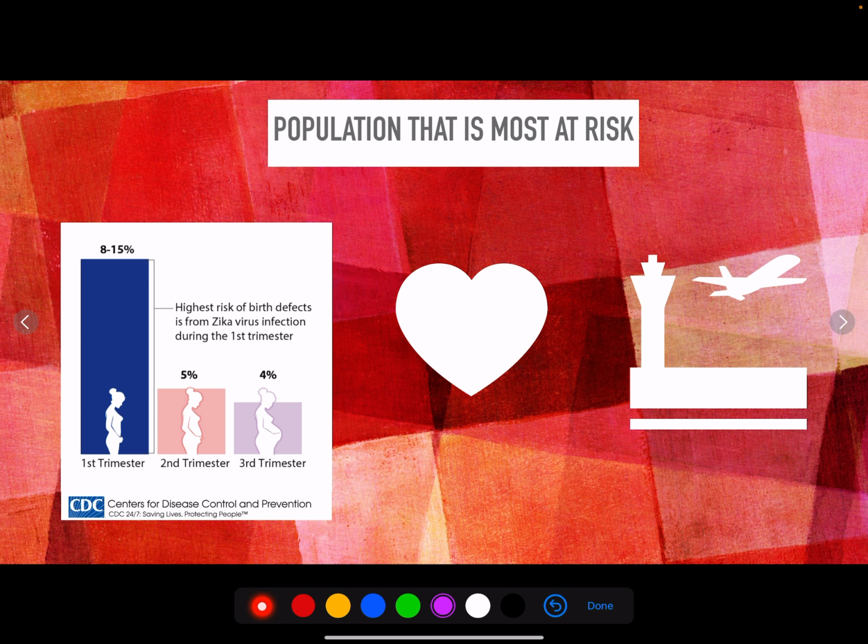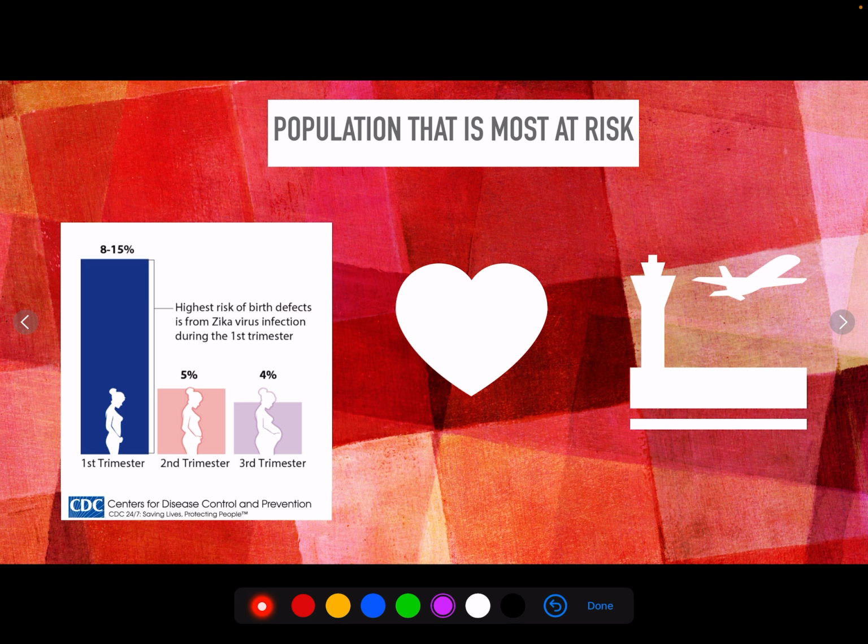So as you can see, women in the first trimester that have been exposed to Zika virus have higher risks of having birth defects. It decreases by the second and third trimester. Again, people that have unprotected sex are also at risk, as well as people traveling to areas that have Zika virus.